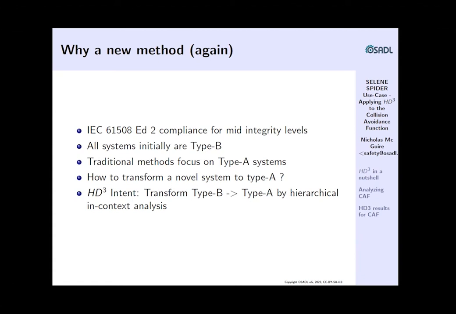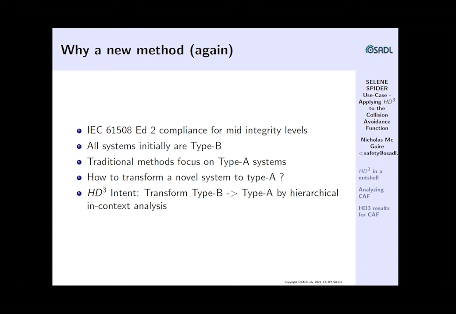Every system starts initially as a Type B system. That's specified in 61508 Part 2, 7.4.4.1.2 and 7.4.4.1.3, and basically says a Type B system is a system where you either do not know all the failure modes, or you don't understand the behavior of the system under a failure mode, or you don't have adequate data to support your safety claims.